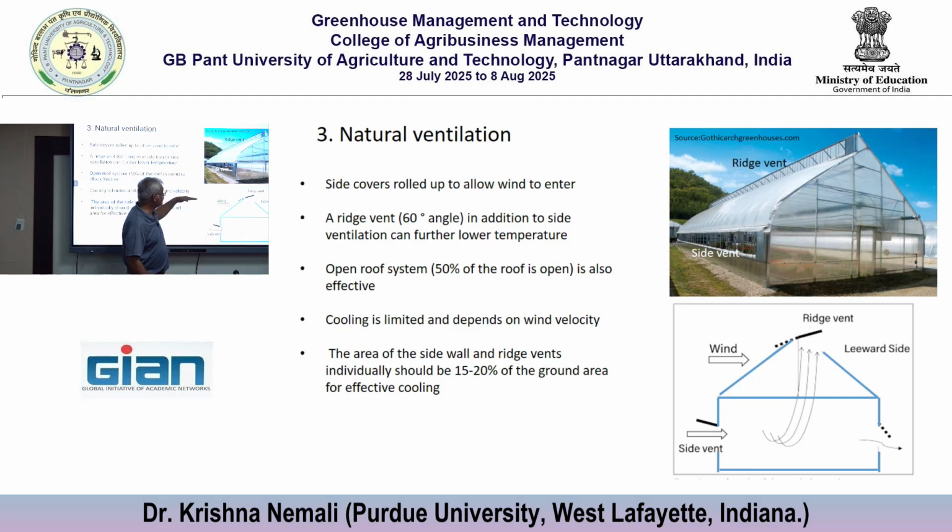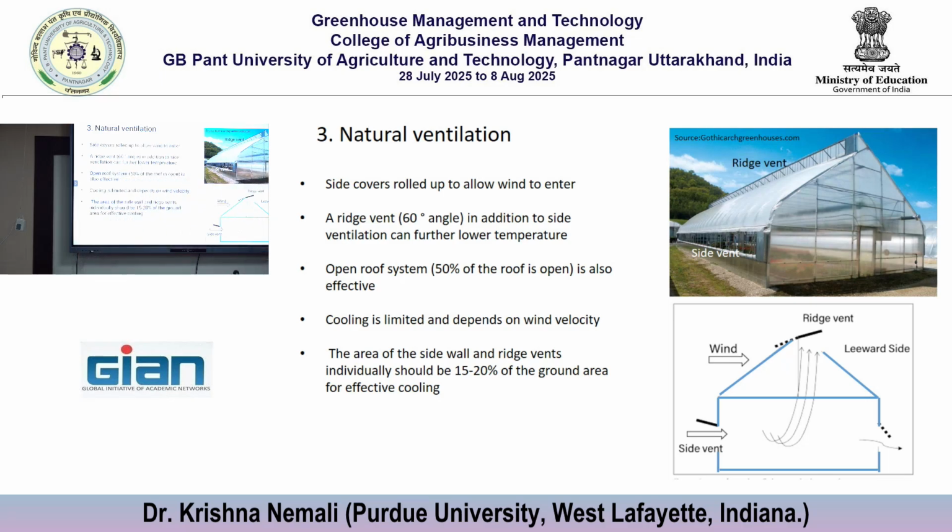But also when the wind is blowing, you have a ridge vent up here. The wind hits on this side, it creates sort of a low pressure on the leeward side, and that low pressure pulls the air outside. That's the mechanism there for the ridge vent. You see up there the ridge vent opening.